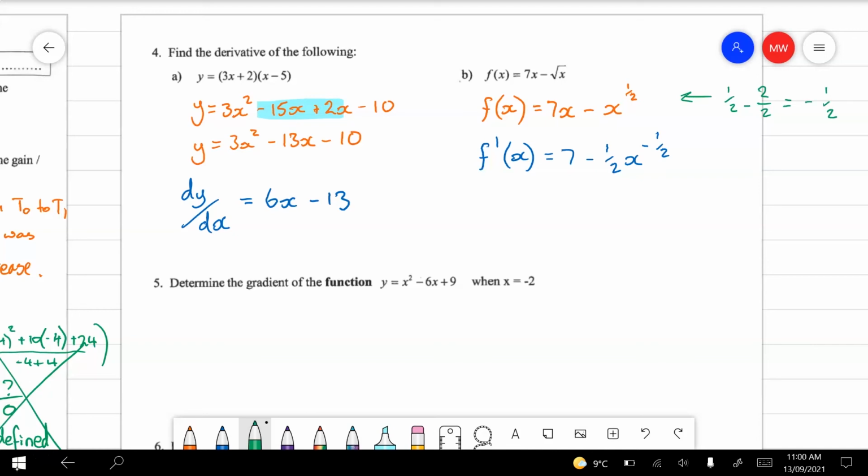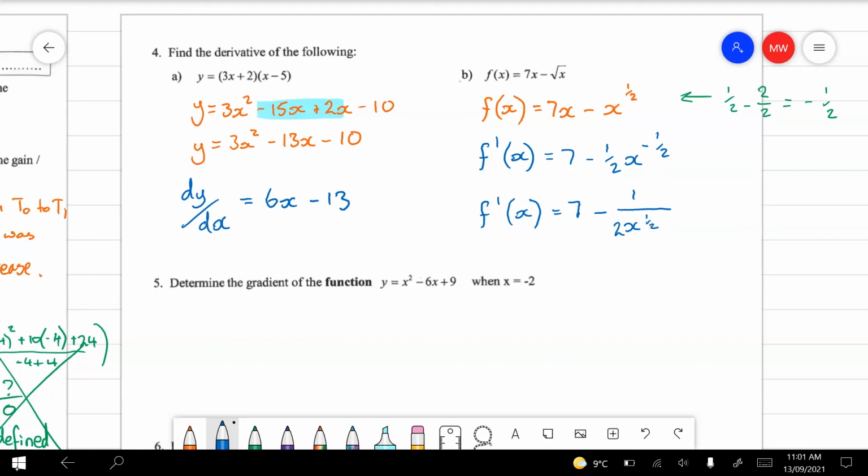And that one is answered, but it's a bit messy like that. So let's try writing it as f dash of x equals 7 minus 1 over 2x to the half.